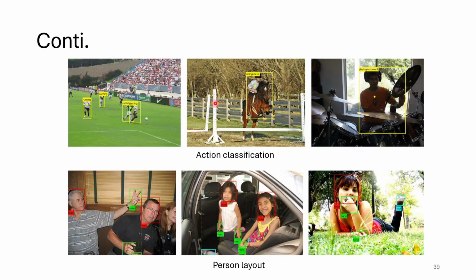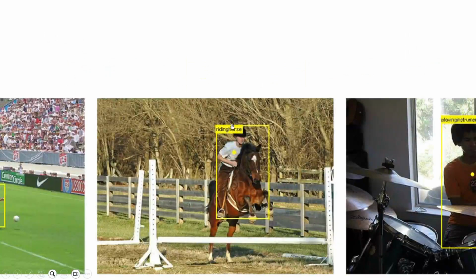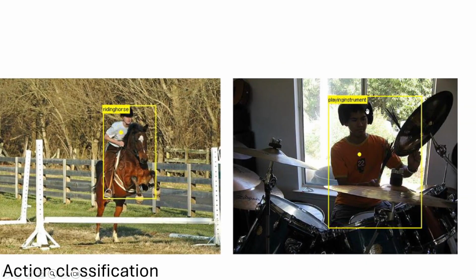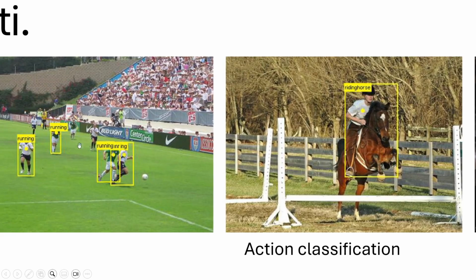Given some images with people in them, what are they doing right now? Let's enlarge the labels. You can see this is riding a horse, playing an instrument, and running.